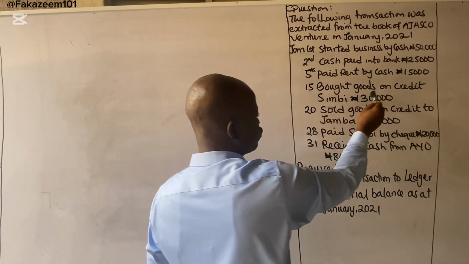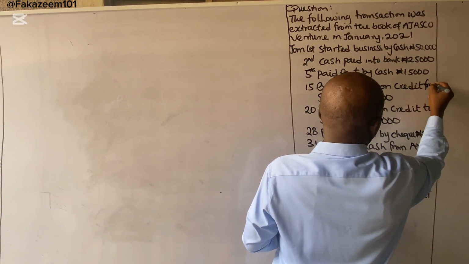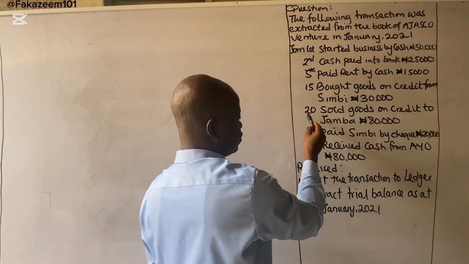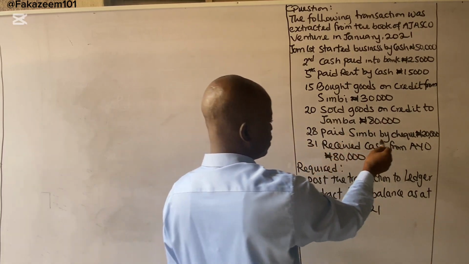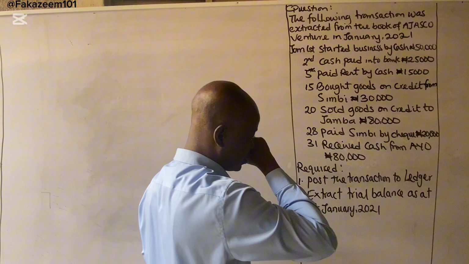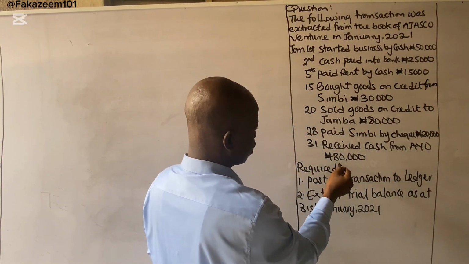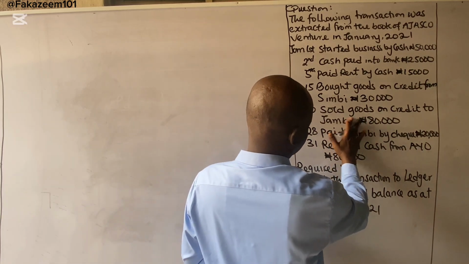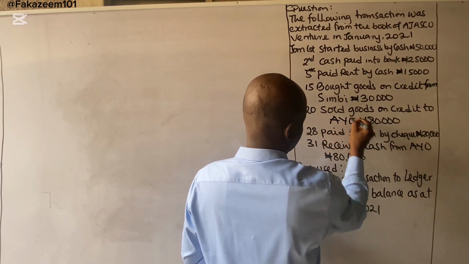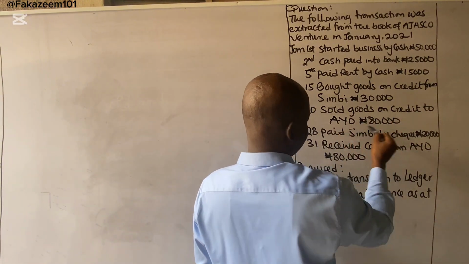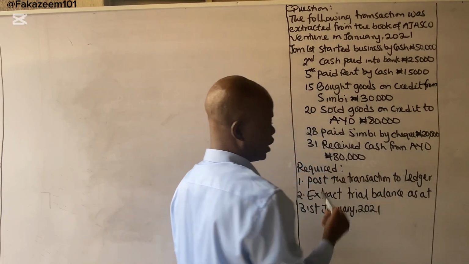January 15, bought goods on credit from Simbi. January 20, sold goods on credit to Jamba. January 28, paid Simbi by check. January 31st, sold goods on credit to Ayo, 80,000, and received cash from Ayo, 80,000.